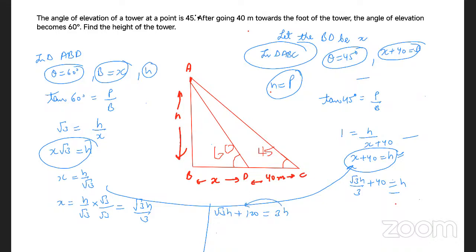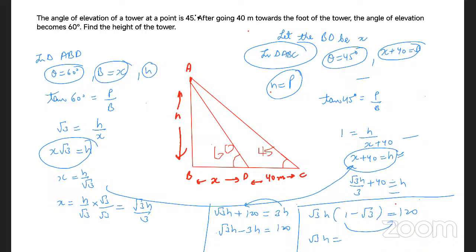Now I will send this side there. So root 3h minus 3h equals 120. Now just the solving part is left. Root 3 h will come out, so it will become h times root 3 minus 3 equals 120. Then I have to send it and rationalize it. Root 3h equals 120 upon 1 minus root 3. And then I have to rationalize it. Then we will get the value of h. Understood? Yes.